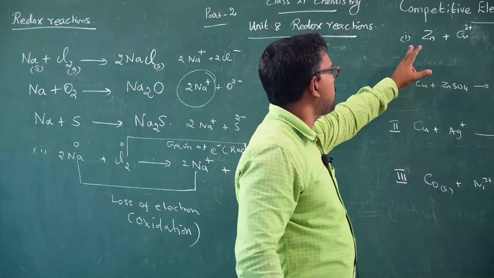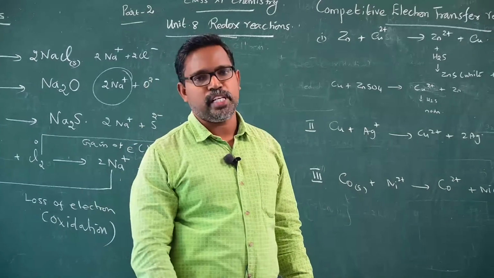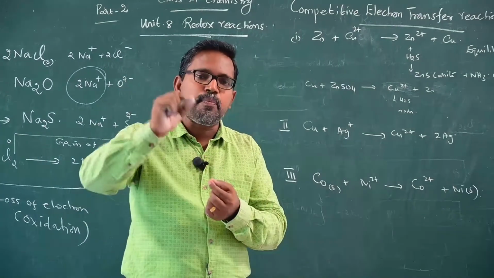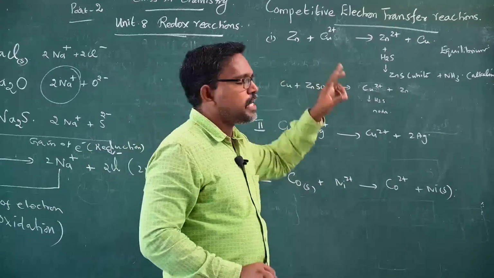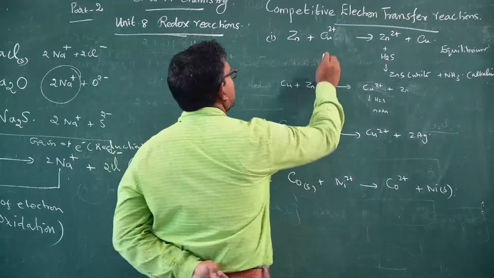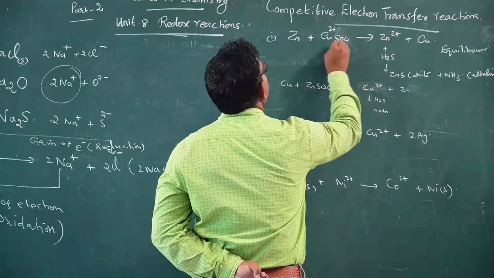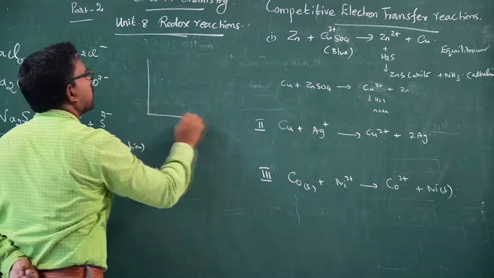The first example is when a strip of zinc rod is dipped in copper sulfate solution. You know the color of copper sulfate is blue.